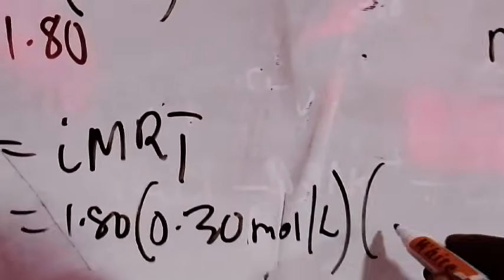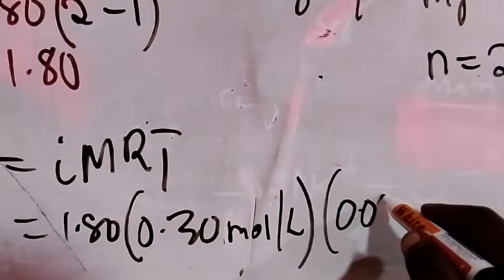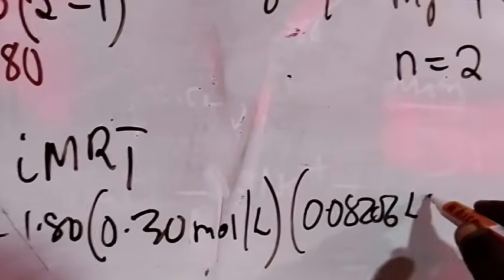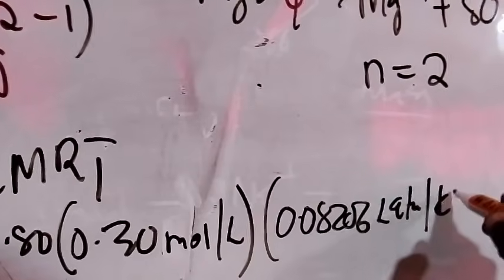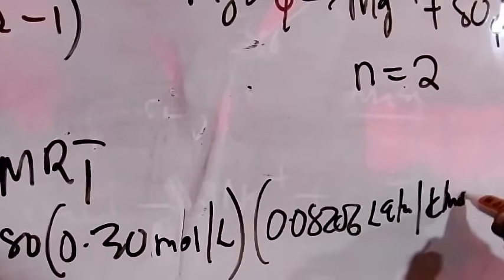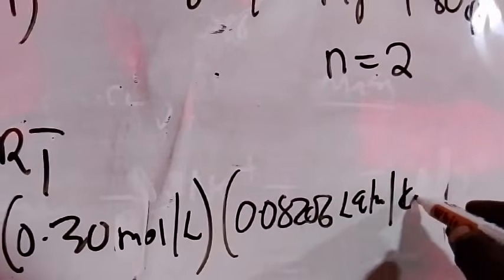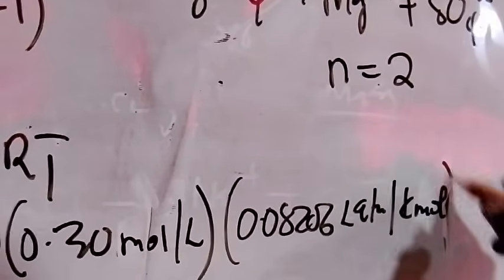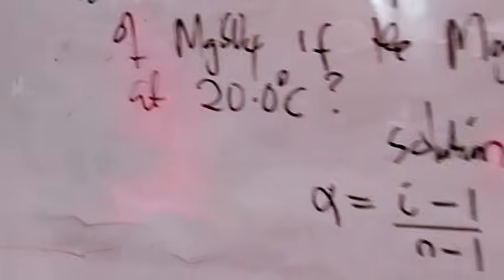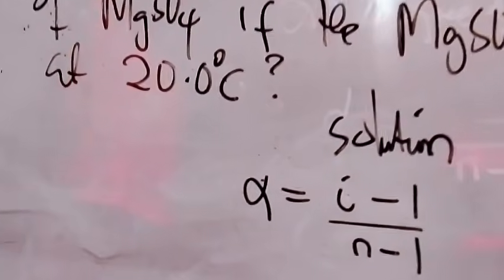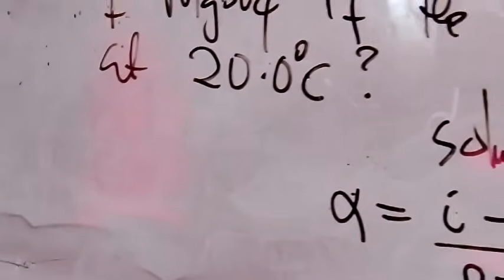Then R is 0.08206 liter atmosphere per Kelvin mol. For temperature, 20 degrees Celsius, let's just change it to 25 so that we have 298 K, the one which is well known.